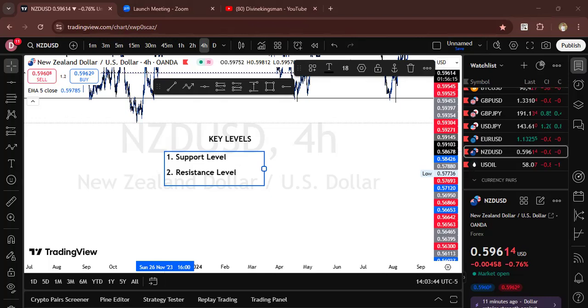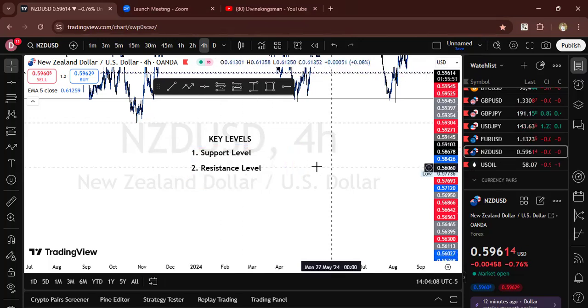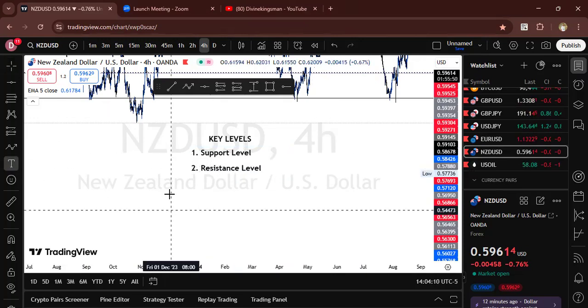Key levels are strong points or areas in price which can cause possible reversals. Let me just write that down. We have two types of key levels: the support level and the resistance level.